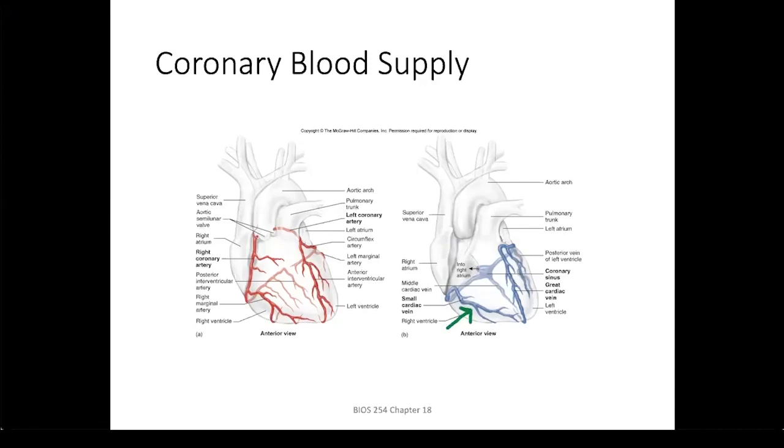In addition, there is a small cardiac vein near to the right marginal artery and a middle cardiac vein along the posterior interventricular sulcus. All of these veins will empty into a coronary sinus vein, which returns the blood back to the right atrium of the heart.